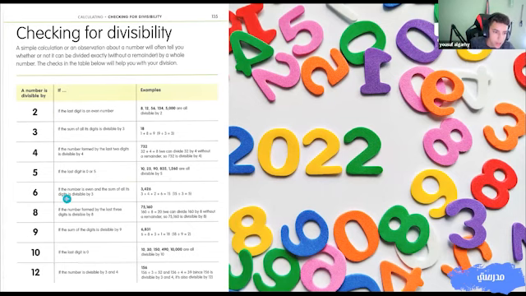Now we have 6. If the number is even and the sum of all its digits is divisible by 3, then it's divisible by 6. Okay. So 3,426. That is an even number. So let's add all of its digits. 3 plus 4 plus 2 plus 6. Does anybody know what that equals? It's not 13.